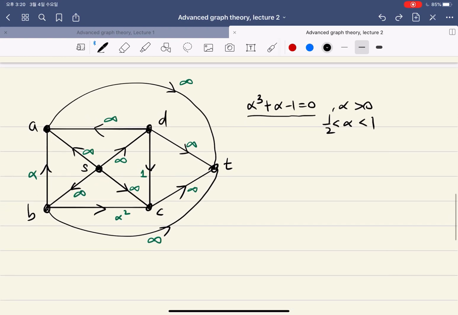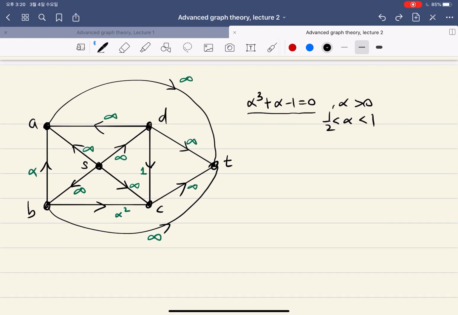So now assume we do the Ford-Fulkerson algorithm. And then we first take this augmenting path.